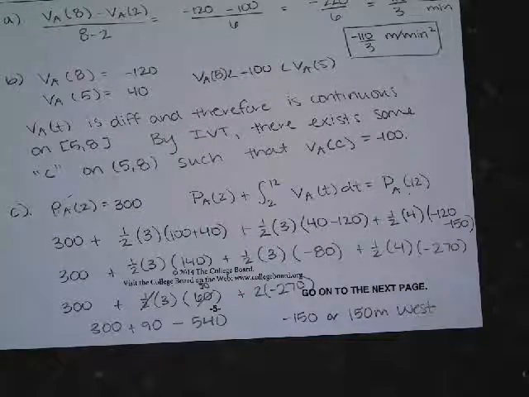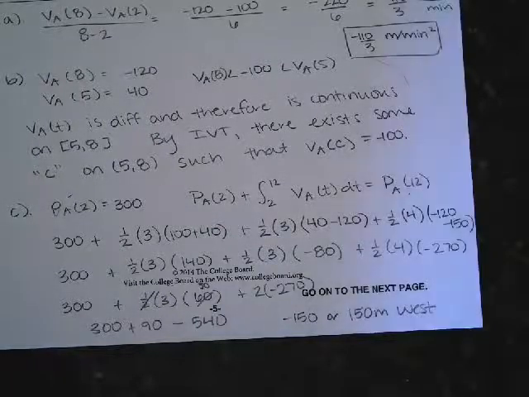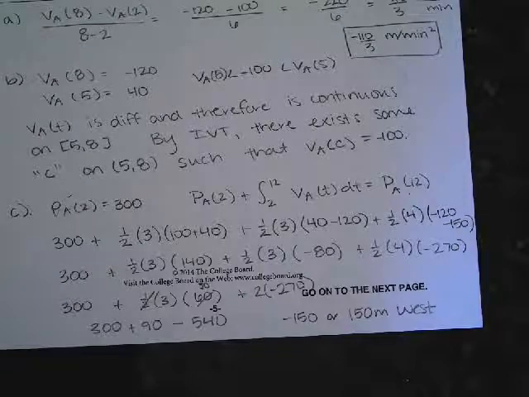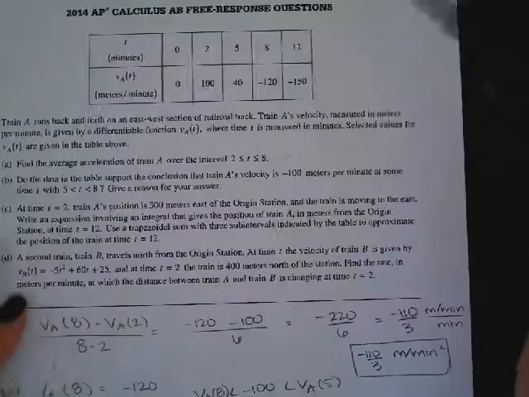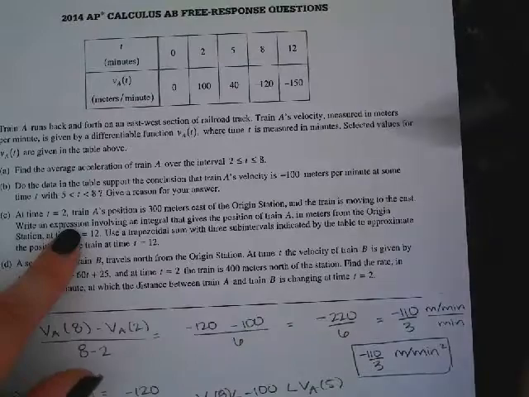Okay. Part D says a second train, train B, travels north from origin station. At time t, the velocity of train B is given by that function. At time 2, the train is 400 meters north. Find the rate in meters per minute at which the distance between A and B is changing. So train B is 400 meters north at t equals 2, and we know train A is 300 meters east. So we've got a triangle.